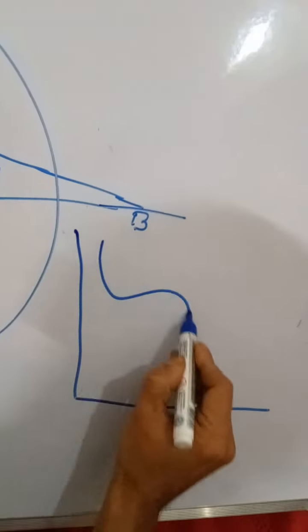But you see, by remaining on the same budget line, the consumer can move to a higher indifference curve. We can draw a higher indifference curve. This is IC1, this is IC2. We can draw a higher indifference curve on the same budget line AB. Isn't it? IC2 is a higher indifference curve compared to IC1.